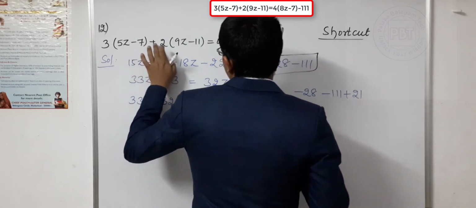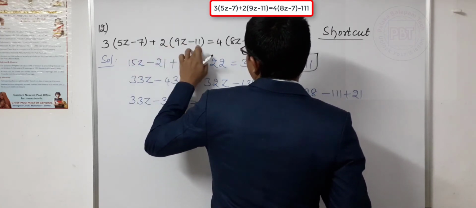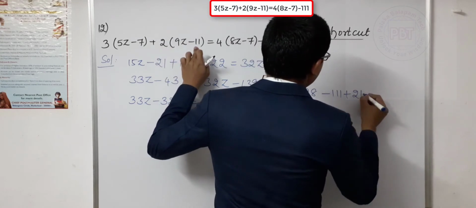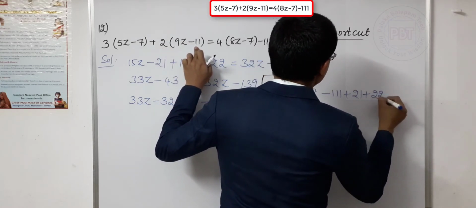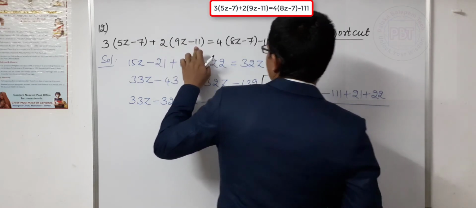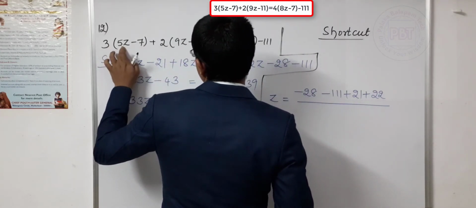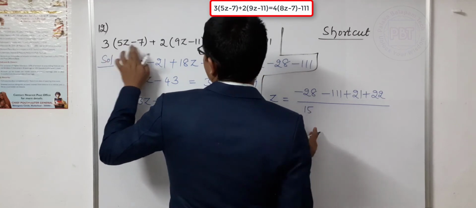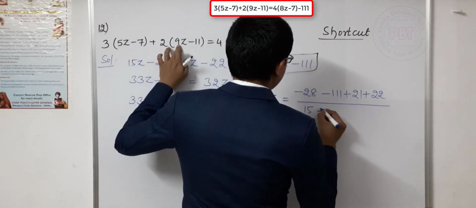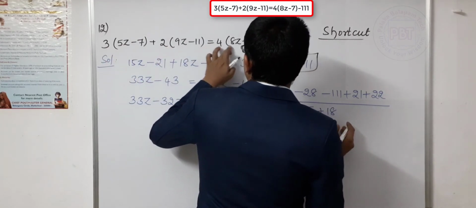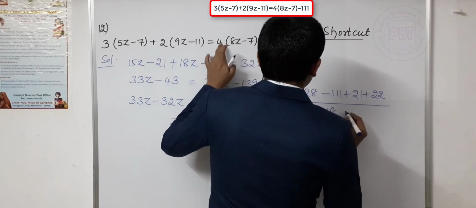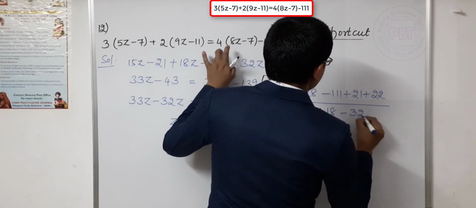Okay, now plus into minus is minus, 2 11s are 22, minus 22 becomes plus 22, that is divided by, now write the quotients of the variables. 3 5s are 15, so 15 here, 2 9s are 18, plus 18, here 4 8s are 32, plus 32 becomes minus 32.